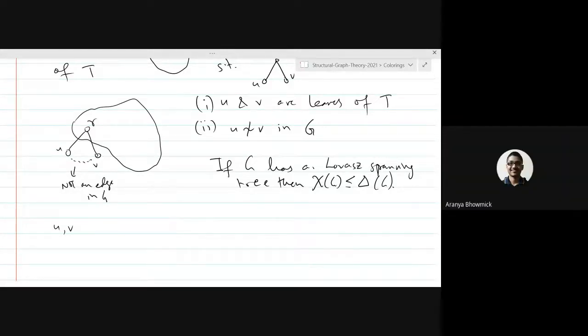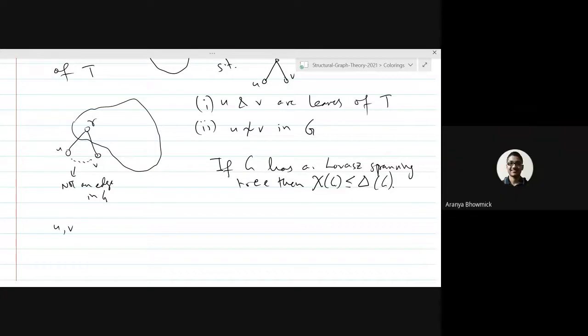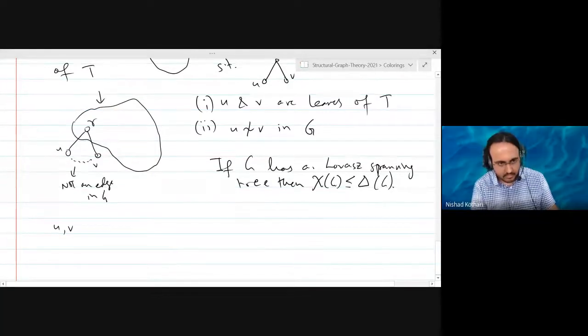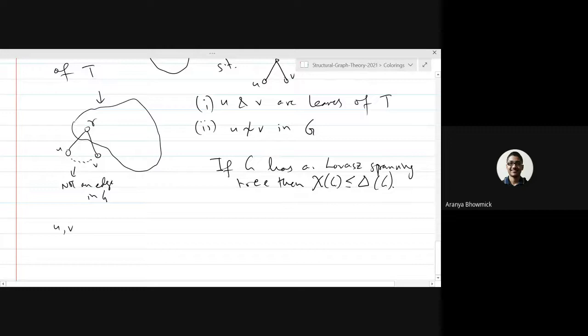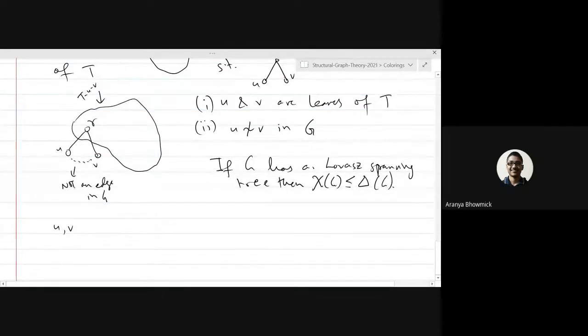So in the ordering, first vertex is U, second vertex is V, and after that we know that whatever remains is the graph G minus U minus V. Since G minus U minus V is connected, its spanning tree exists, and for this tree we will remove the leaves in an arbitrary order. It doesn't matter in which order we are removing the leaves of this tree.